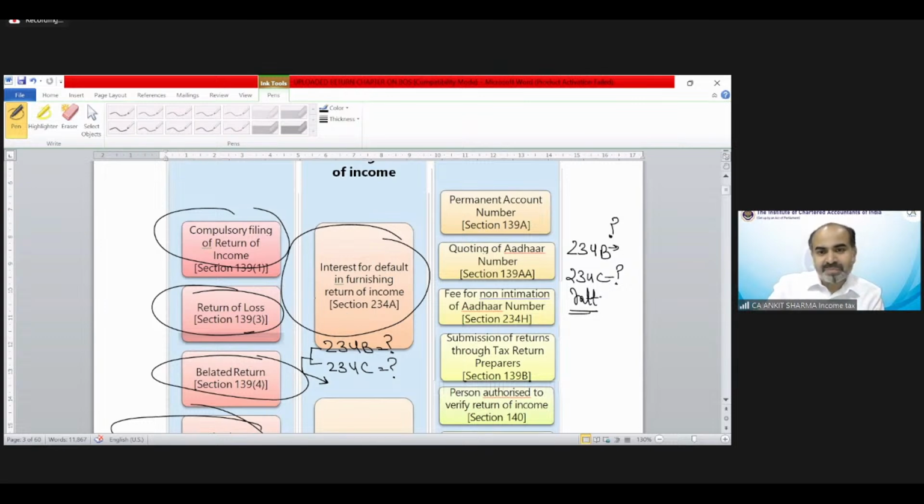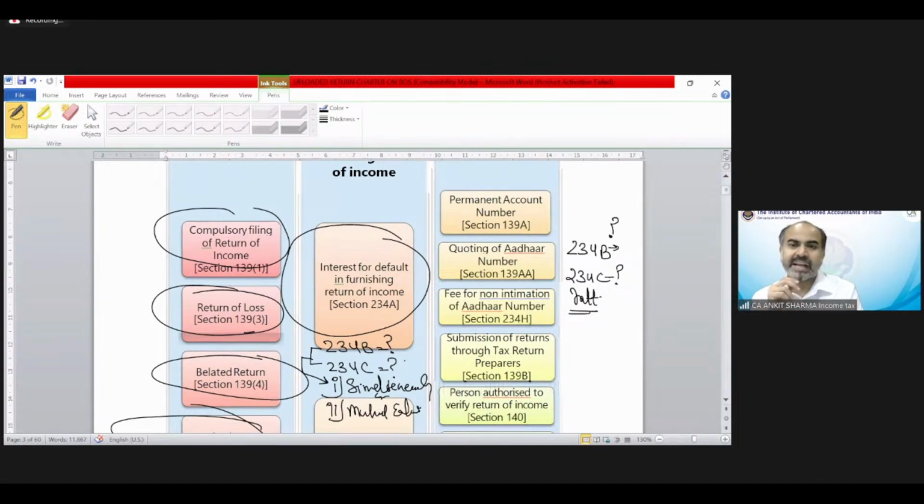234B or C? Om Krishnan is saying mutually exclusive. I am asking whether 234B and C can apply simultaneously, or whether they are a mutually exclusive event. Bhumika is saying mutually exclusive. If you are saying mutually exclusive, that means both cannot be applicable in the same condition or for the same assessee.